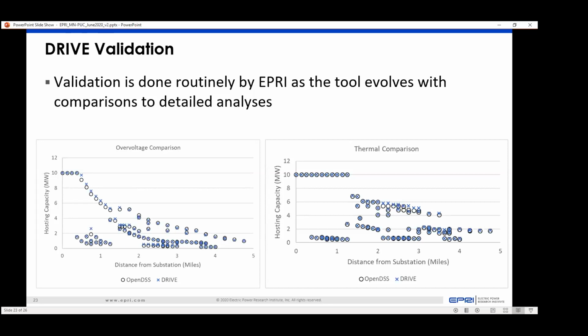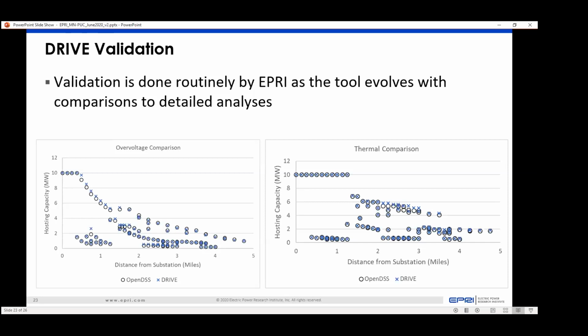And to be quite frank, validation is a complex process, especially as you're doing an analysis across thousands of nodes using many different criteria as your underlying metrics for hosting capacity. But it's important to do.